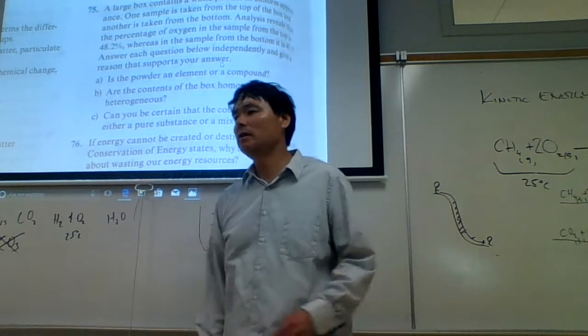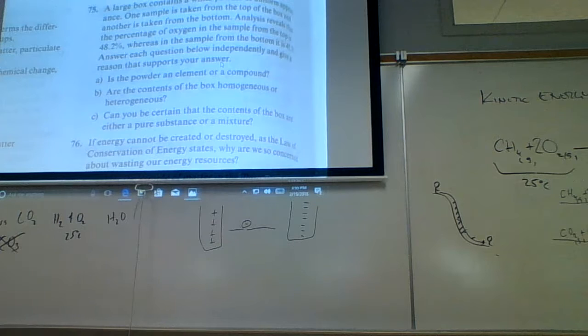And so what this could be is something like this. Let's say you have a container filled with iron filings. You know the symbol for iron? Fe. So if you have a whole bunch of solid iron powder here, down at the bottom you're going to have iron, but at the top, it's going to start to oxidize.